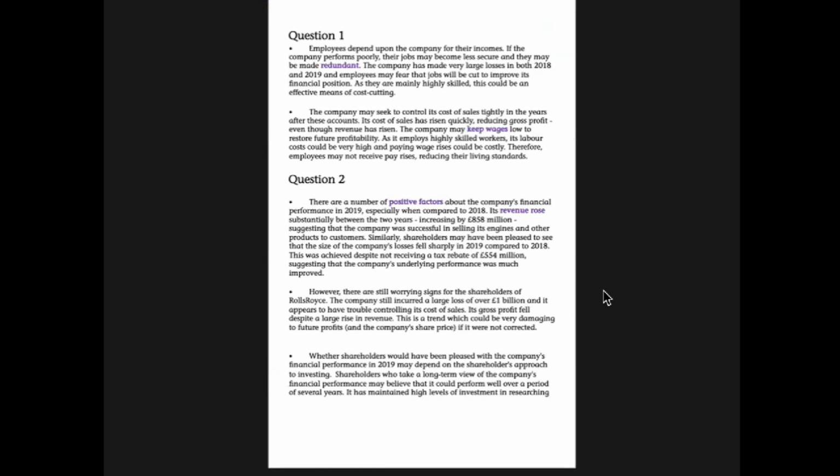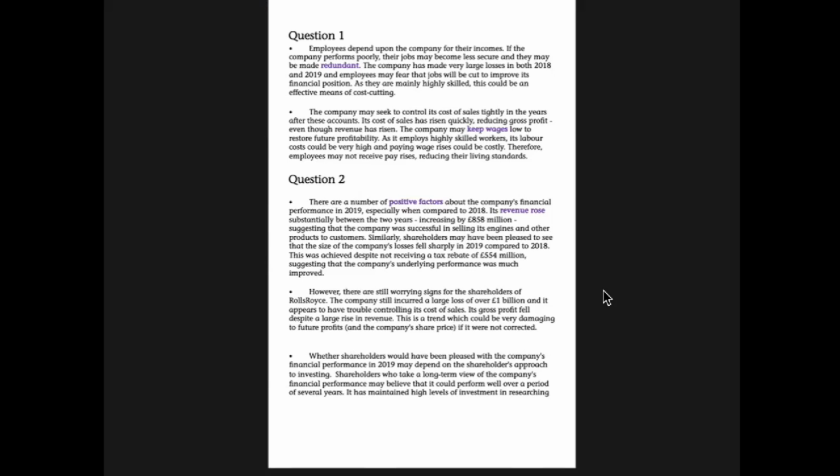Its revenue rose substantially between the two years, increasing by 858 million, suggesting that the company was successful in selling its engines and other products to customers. Similarly, shareholders may have been pleased to see that the size of the company's losses fell sharply in 2019 compared to 2018. So these are the positives.